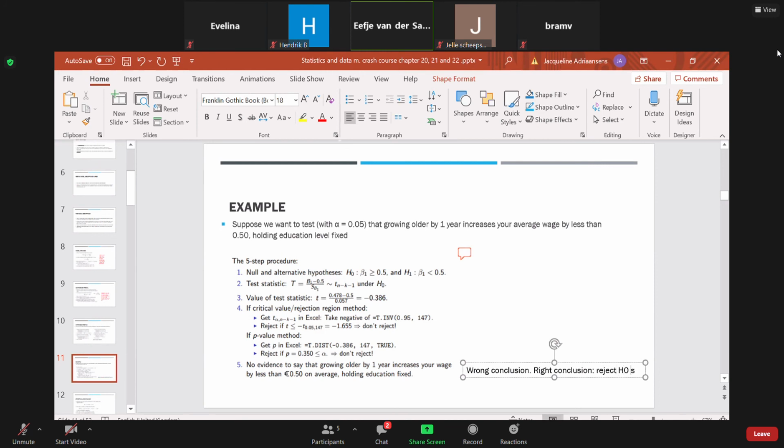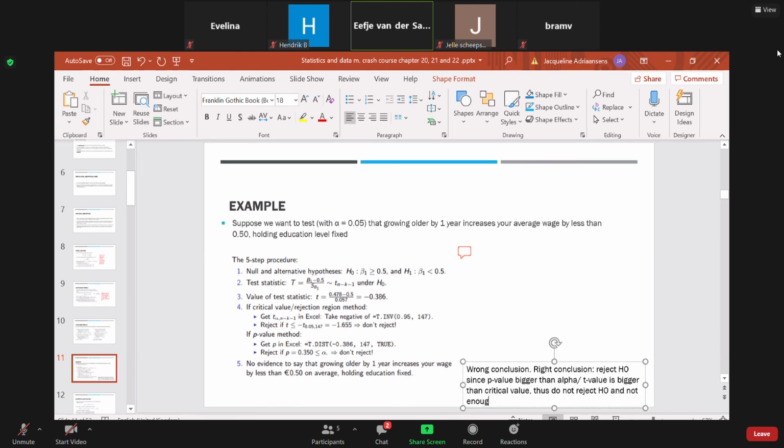do not reject H0 since the p-value is bigger than alpha, or you can also say, of course, your t value is bigger than the critical value, because it's a lower tailed test, thus do not reject H0.